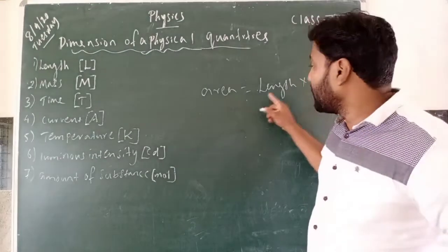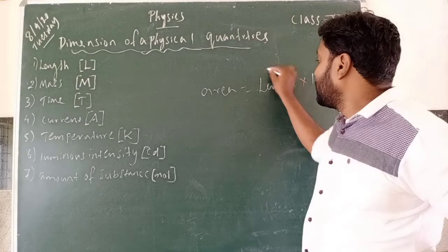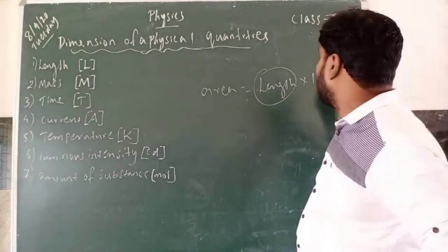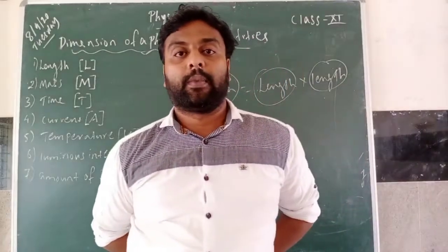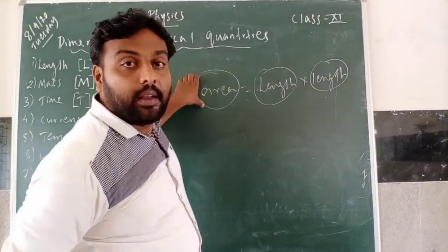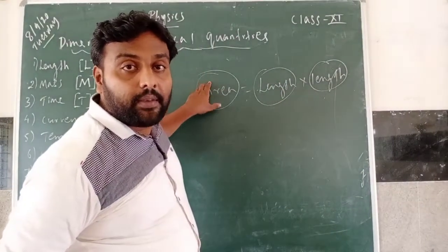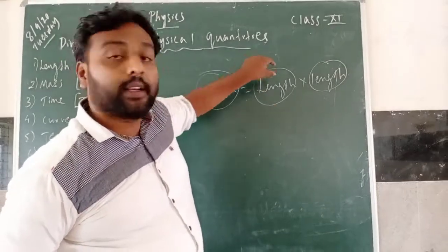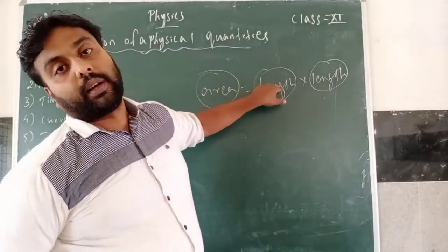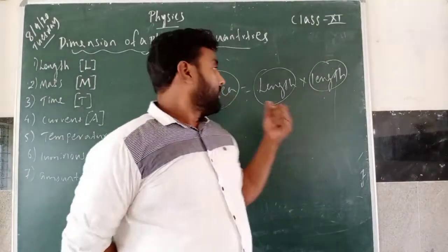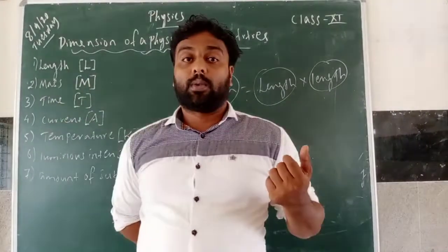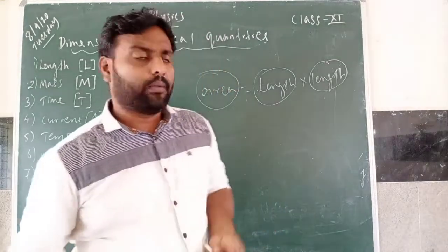So length is a fundamental quantity. Area is what? A derived quantity, which can be expressed in terms of fundamental quantity. Length, fundamental quantity; area is what? Derived quantity.